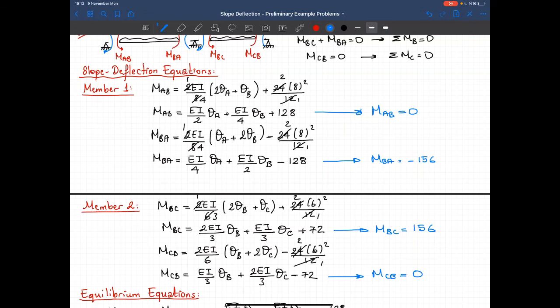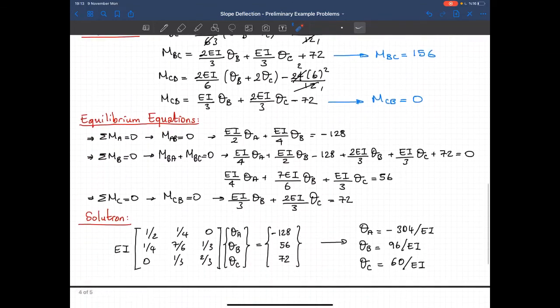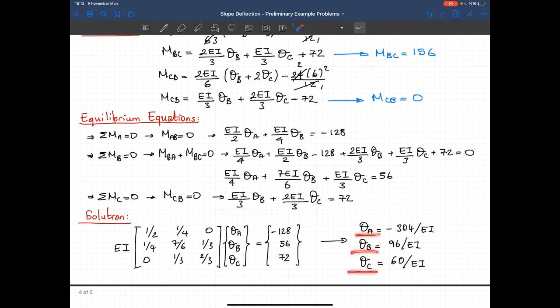Now if you think about it, I solved the same problem, but this time it took much longer. I did a lot of calculations because I didn't use this force boundary condition while writing these slope deflection equations, which requires 3 unknowns, and I obtain the values of all these 3 degrees of freedom, then calculate the moments.